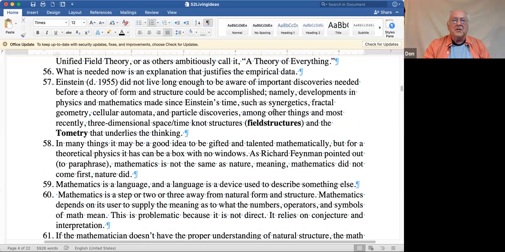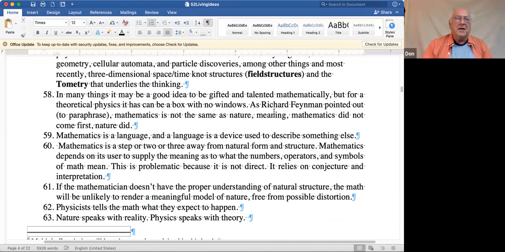In many things, it may be a good idea to be gifted and talented mathematically, but for theoretical physics, it has been a box with no windows. As Richard Feynman pointed out, and he's a Nobel laureate physicist, very famous in the world of physics, he said, and I paraphrase, mathematics is not the same as nature, meaning mathematics did not come first, nature did.